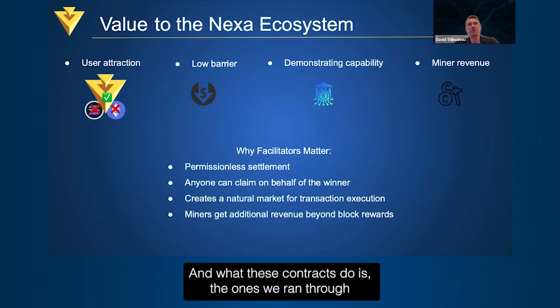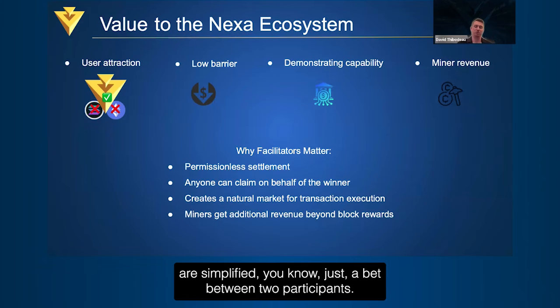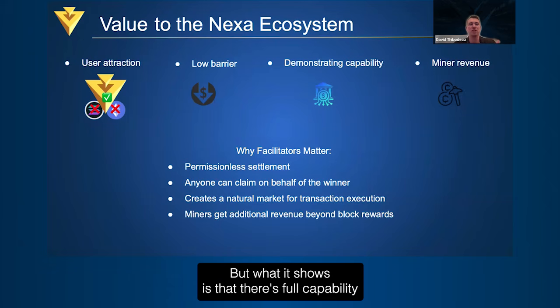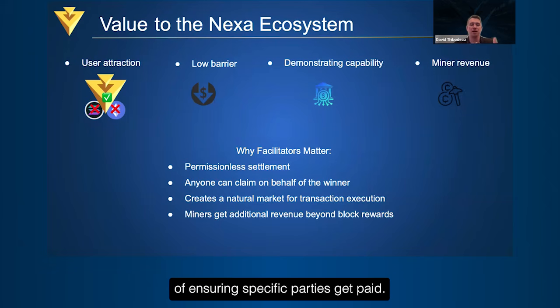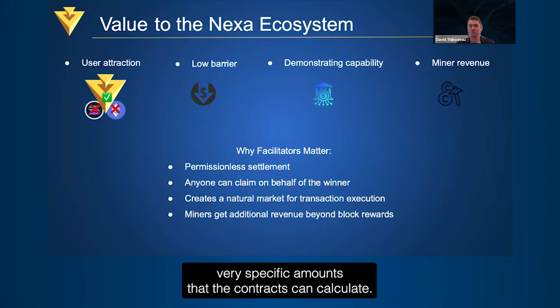And the contracts we ran through are simplified, just a bet between two participants. But what it shows is that there's full capability of ensuring specific parties get paid. Those specific parties get paid very specific amounts that the contracts can calculate.